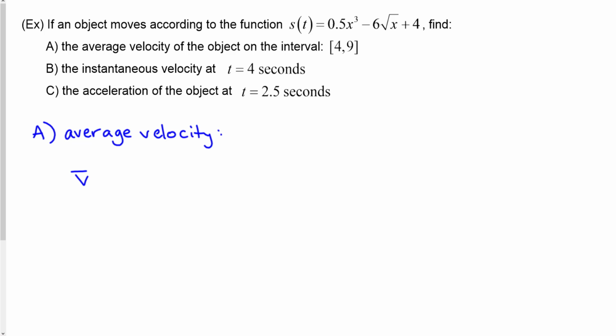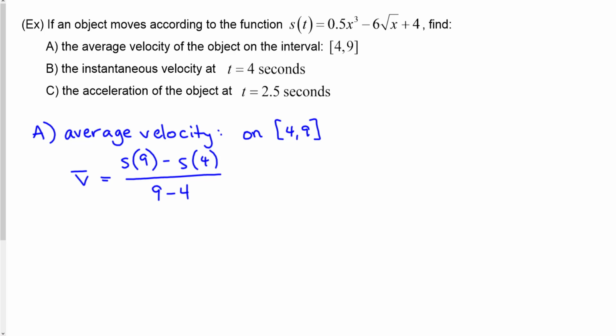In order to get the average velocity on the interval from 4 to 9, what I need to do is take my position function evaluated at the larger point minus the position function evaluated at the smaller point, divided by the difference between those two. Notice 9 minus 4 is, of course, a positive number, so whether or not this is positive or negative is solely dependent upon the numerator.